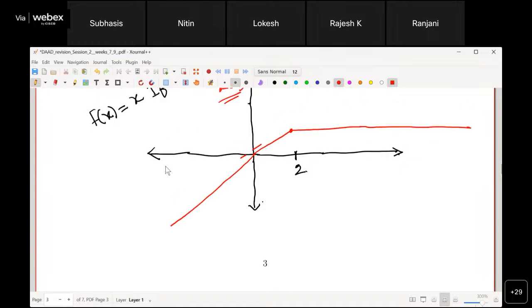sin x is certainly a continuous function. So sin x is slightly different from this function. sin x is a periodic function, while this function is certainly not periodic. Okay, so you have something like this, right?